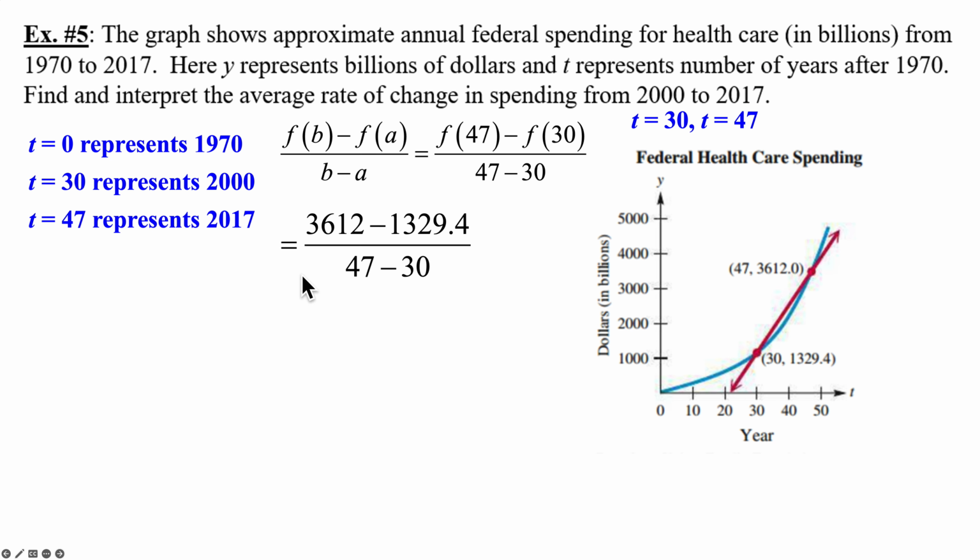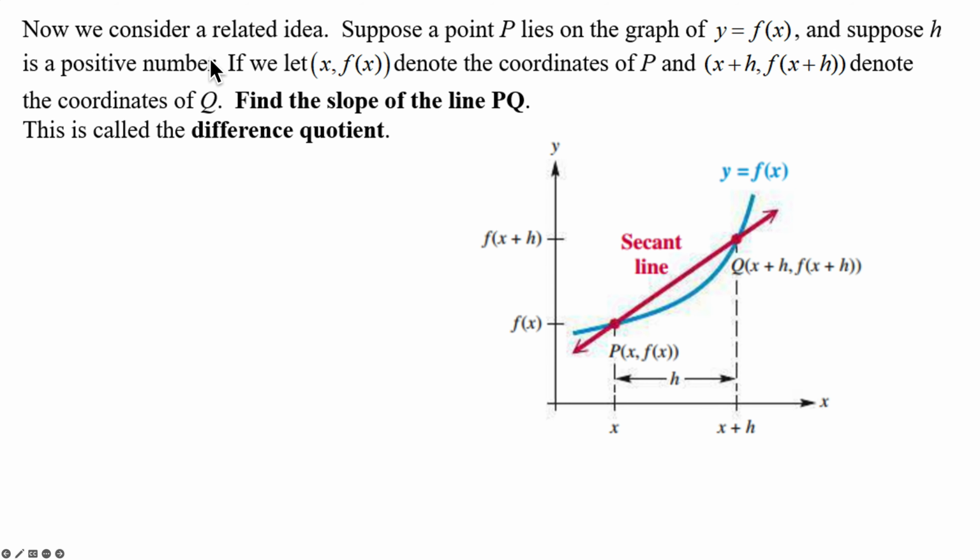All right, now we're going to consider another idea of finding this, what we call the secant line. And we're going to talk about the difference quotient, which is, again, nothing more than the slope, but everything here is in function notation. So you start with one x coordinate. Point P is at x comma f of x.